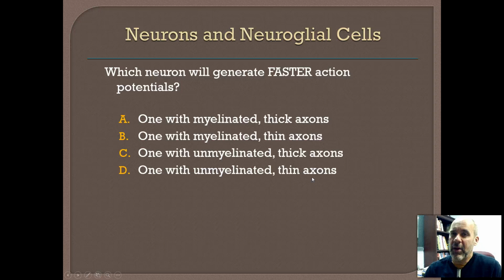Hopefully the first part is easy, myelinated versus unmyelinated, because we've talked about how myelin helps insulate the axon and causes you to only have to regenerate the action potential at the gaps. Remember the nodes of Ranvier? So action potentials travel much faster on a myelinated axon. It helps prevent the loss of the voltage change.